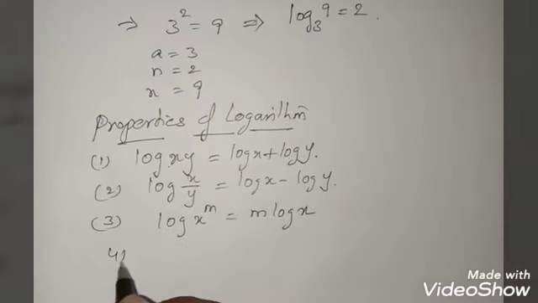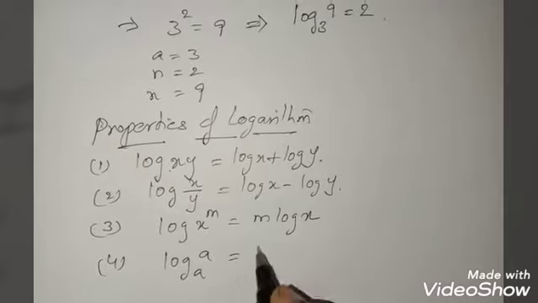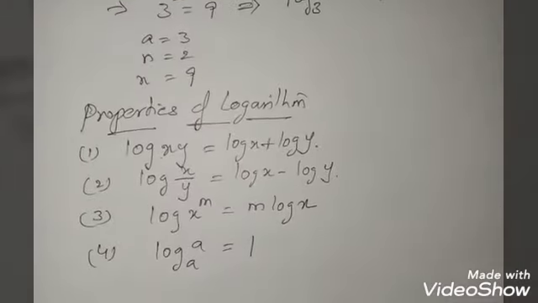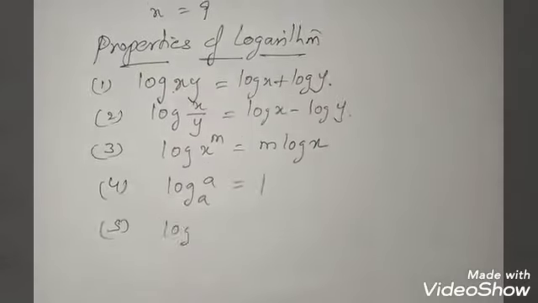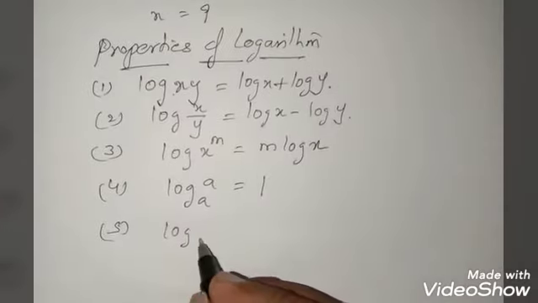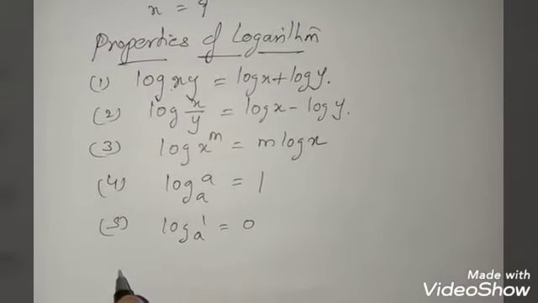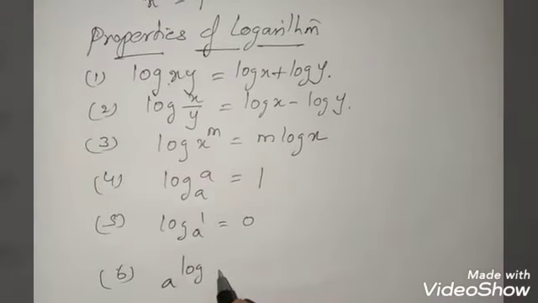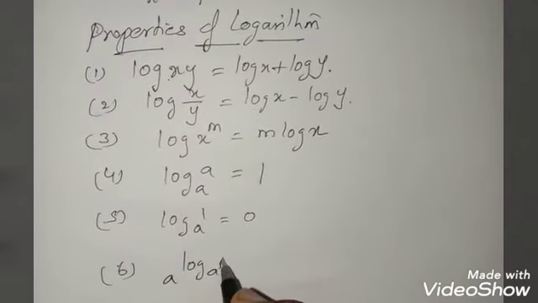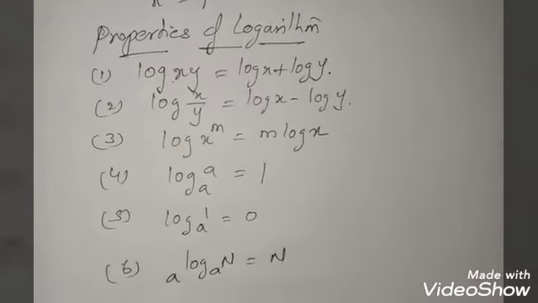Next, the fourth property is log base a of a is equal to 1. Next, the fifth property is log base a of 1 is equal to 0. Next, the sixth property, a to the power of log base a n is equal to n.